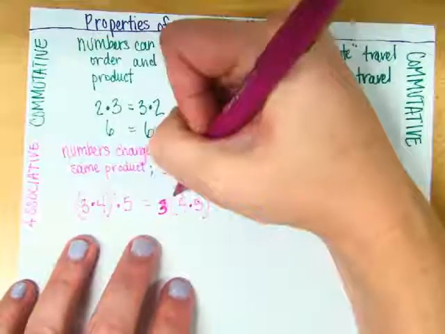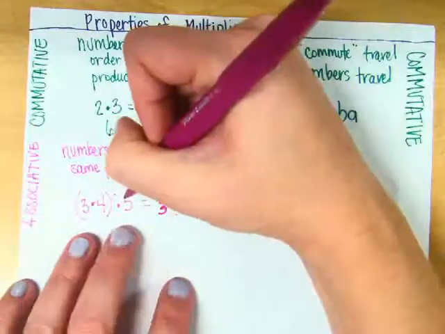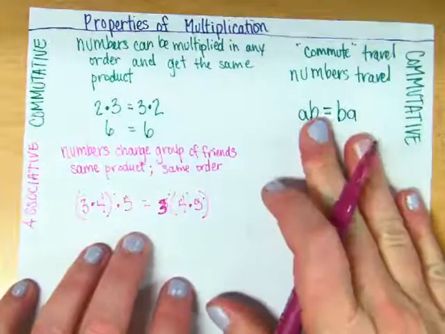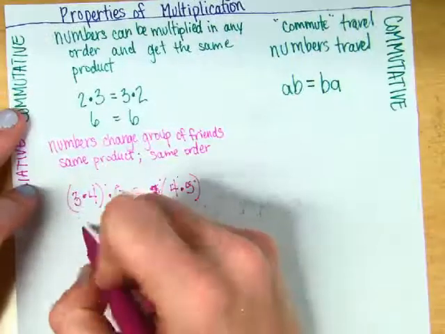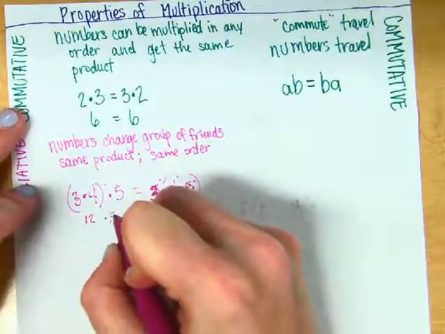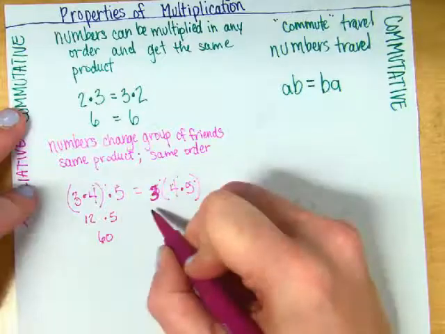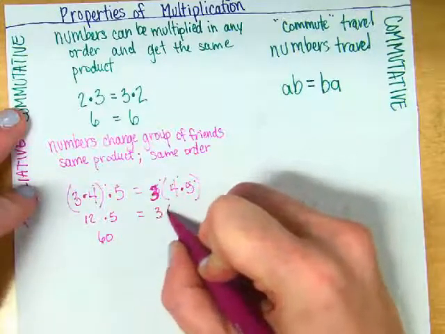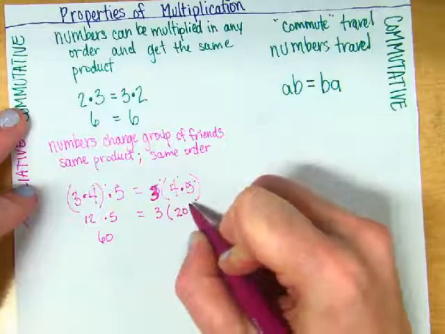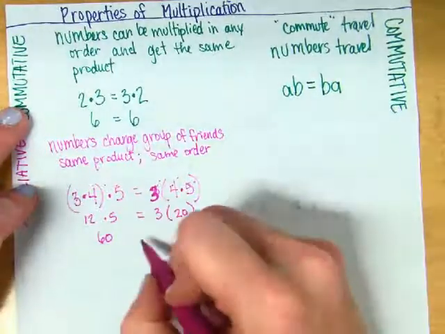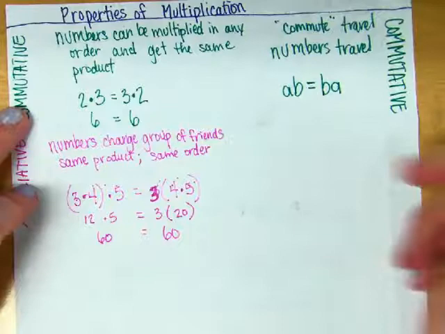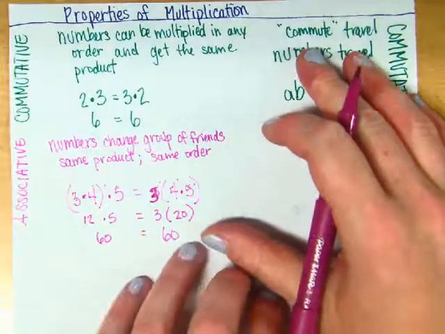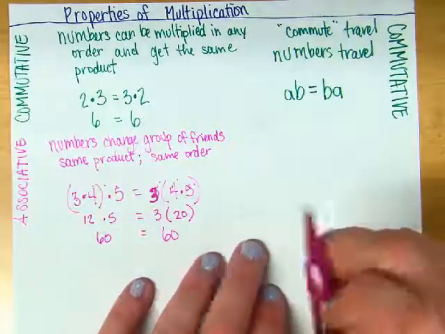This is in the first place, this is in the second place, that's in the middle, and this one's last. So the order has stayed the same. Now let's check. 3 times 4 is 12, times 5 is 60. Over here we have 3. Order of operations tells us to do 4 times 5 first, and that 3 times 20 is also 60. So we've gotten the same answer there, and that's important.